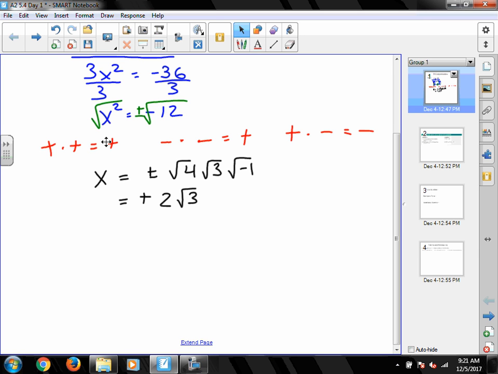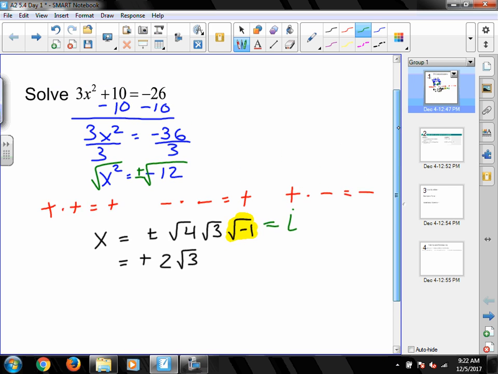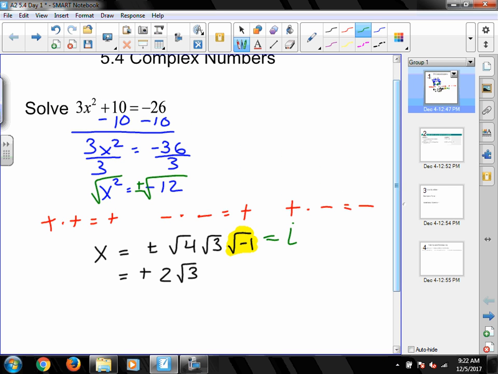But this square root of negative 1, this is a special number in the math world. This is what we refer to as i. Whenever you see the square root of negative 1, you know that that is equal to i. What happened when they invented, or when they found i, was almost identical to what we've done here. They were solving a problem.